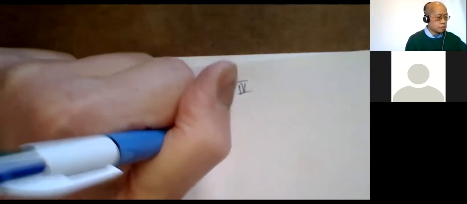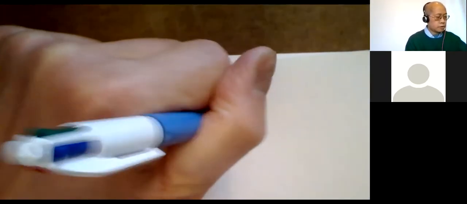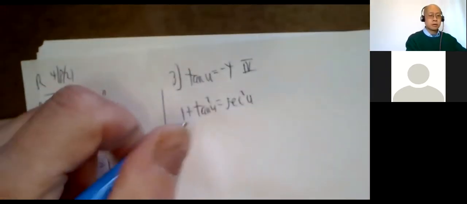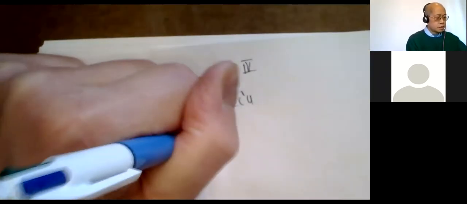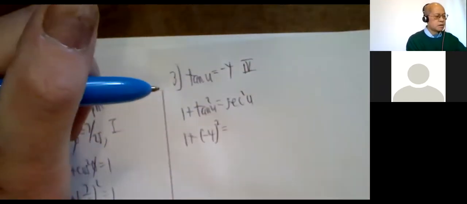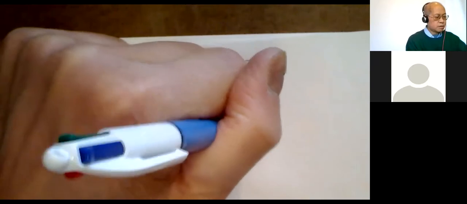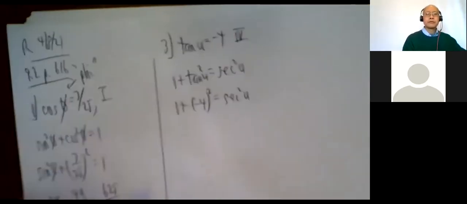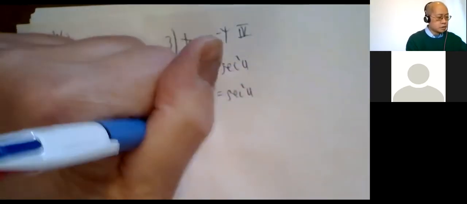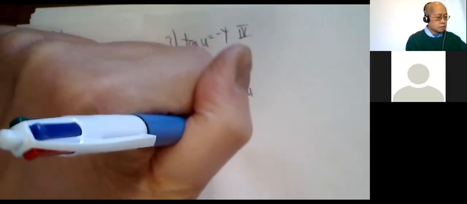So let me use 1 plus tangent squared u is secant squared u. 1 plus negative 4 squared equals secant squared u. That's 1 plus 16 is 17 equals secant squared u.